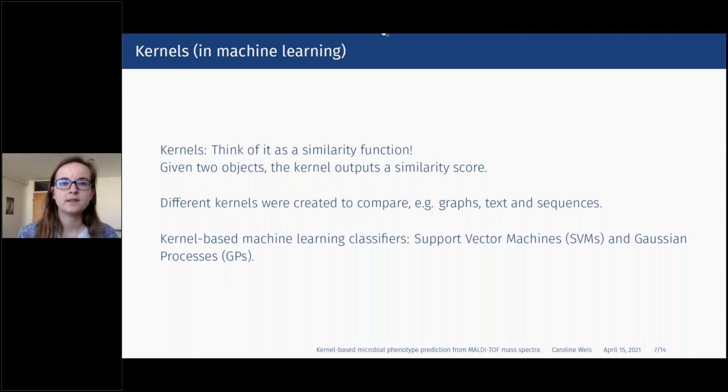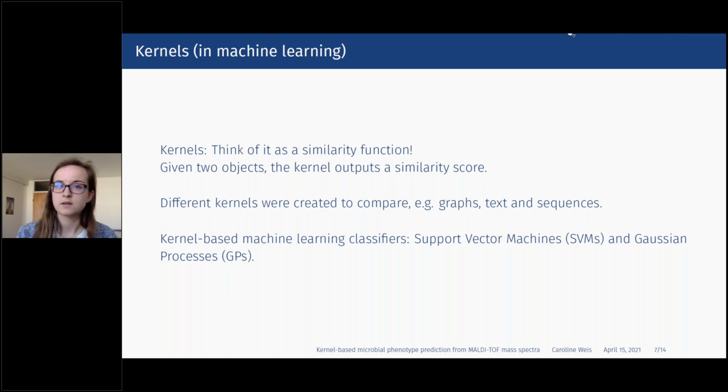And then there are these machine learning classification algorithms that are based on kernels, such as support vector machines and Gaussian processes. And in the algorithm, a kernel function is used as the central component of the algorithm to calculate similarities between samples. And the neat thing is you can exchange this kernel function. As long as it's a kernel function, you can plug it into your algorithm, and you have a machine learning classifier that's adjusted to your data type, for example.